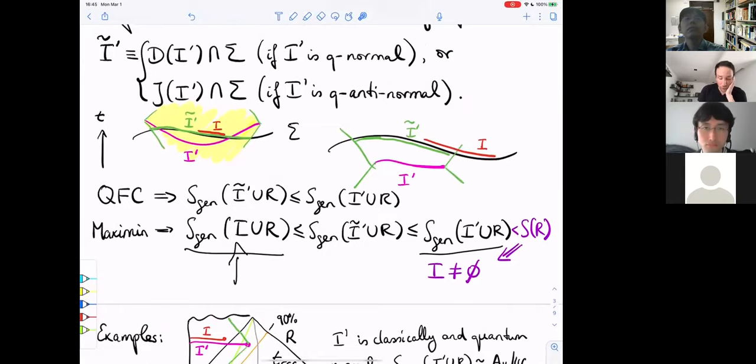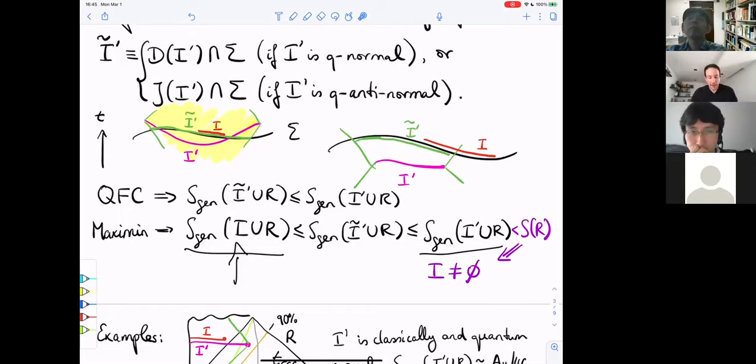In this case, I'm going to assume that it's normal. Okay, so what I'm going to do is fire light rays from its edge in all those directions where the generalized entropy is going to decrease. Okay, so because it's normal, those are these directions that I'm indicating here with the green wedges.